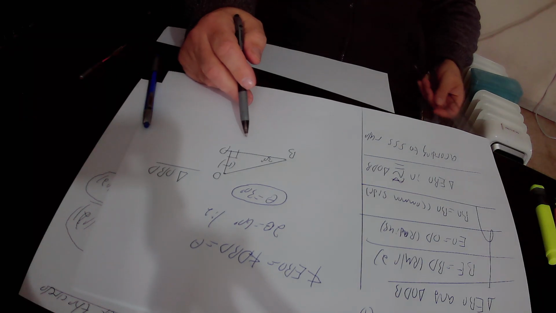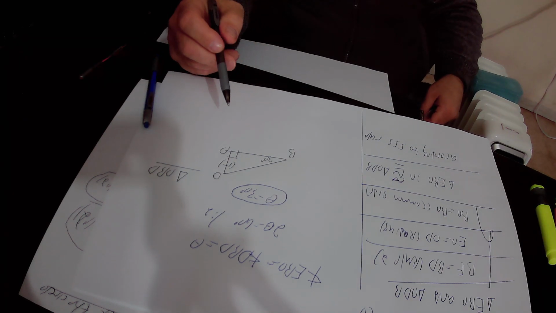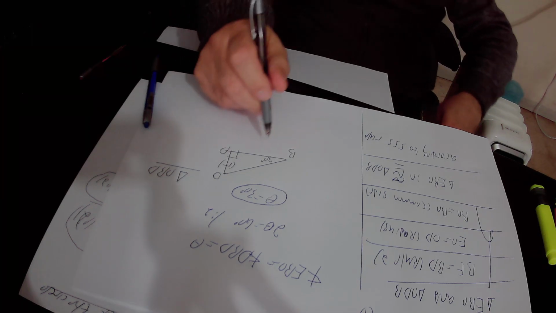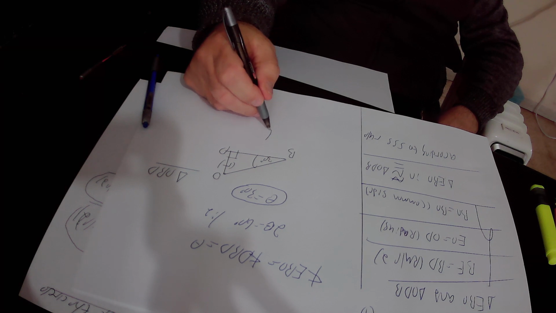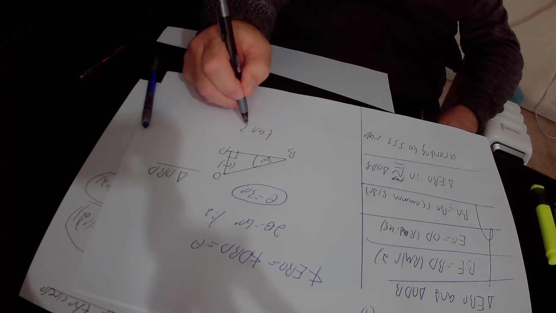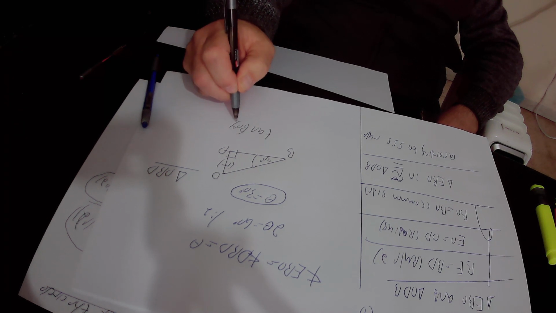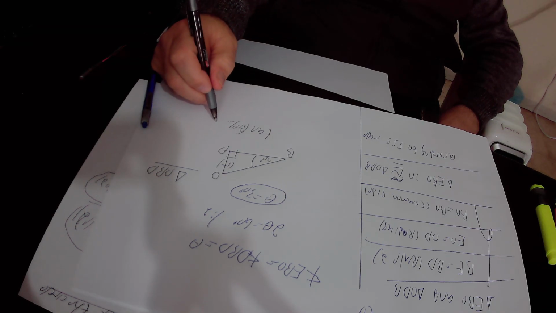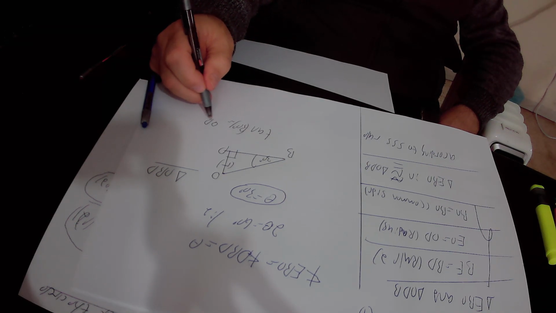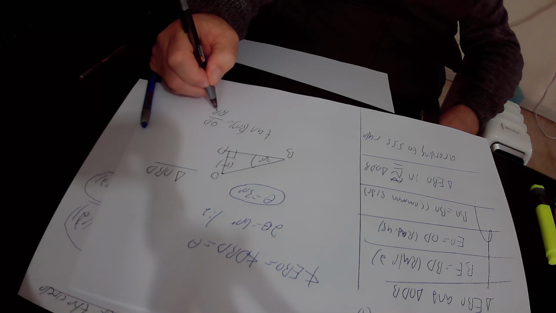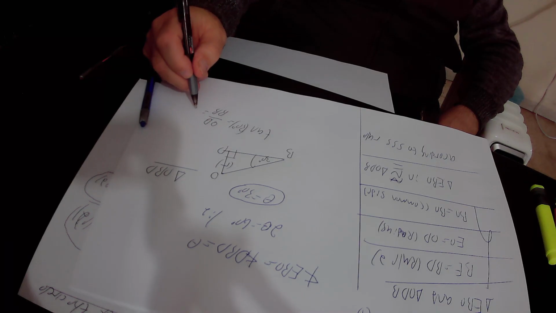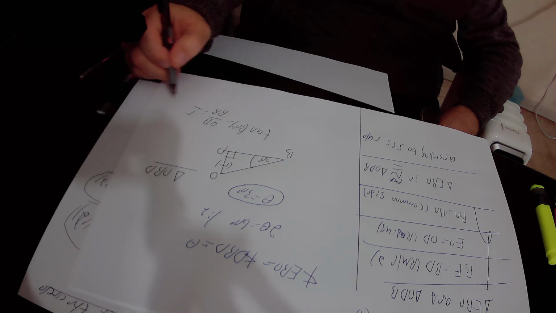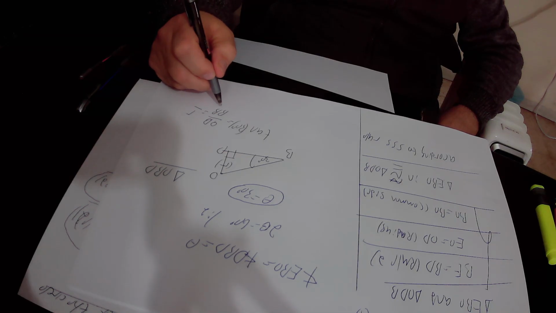Actually, this is the green right triangle OBD that I copied from the original drawing. Here, tangent 30 degrees equals OD over BD. So tangent 30 degrees equals OD. OD is the radius of the circle. This equals R over BD.